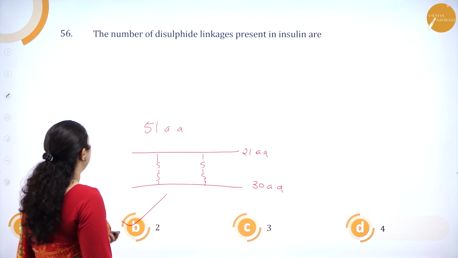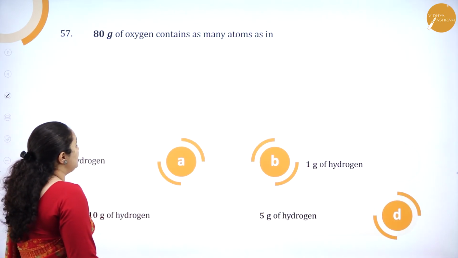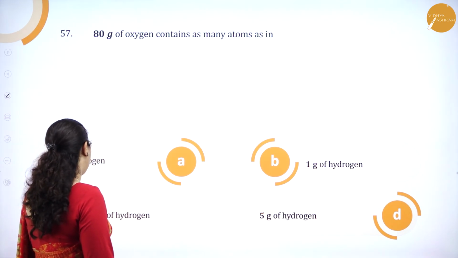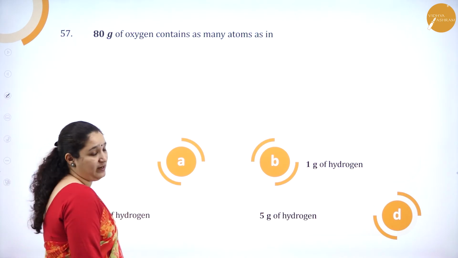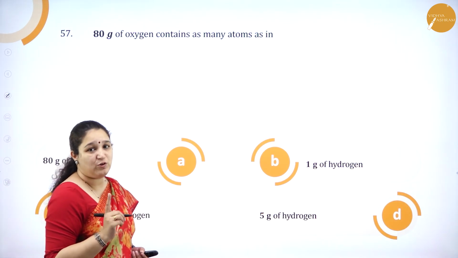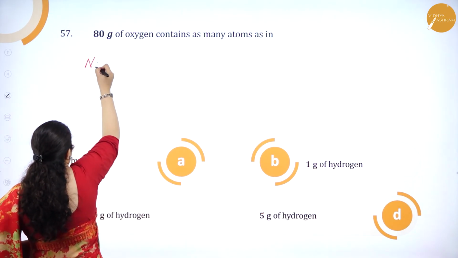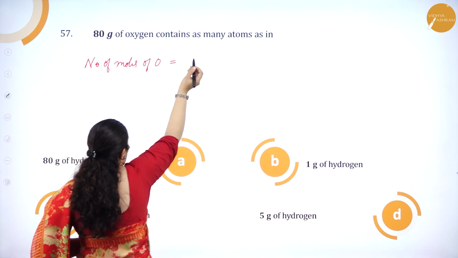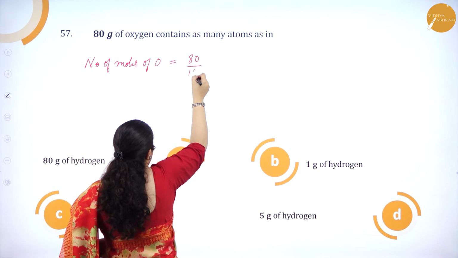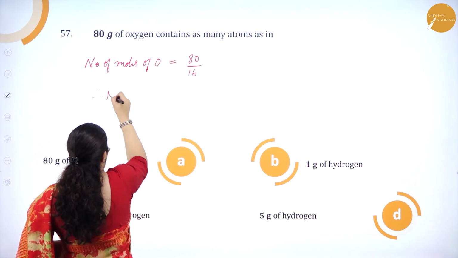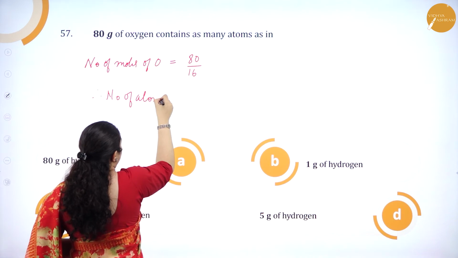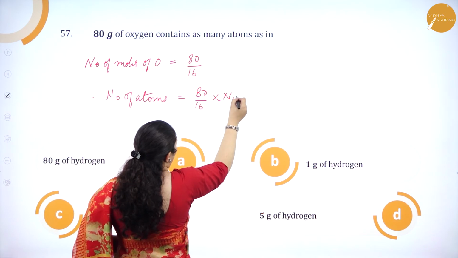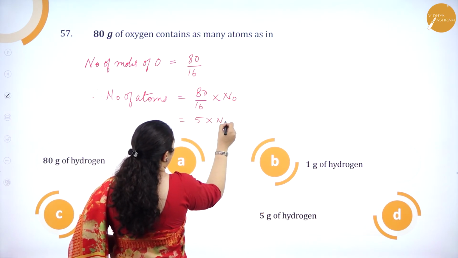Okay, next question. 80 grams of oxygen contains as many atoms as 80 grams of hydrogen, 1 gram of hydrogen, 10 grams of hydrogen, 5 grams of hydrogen. First we'll find the number of moles of oxygen present. Number of moles of oxygen is 80 by 16. Therefore, number of atoms is 80 by 16 into Avogadro number, that is 5 into Avogadro number.